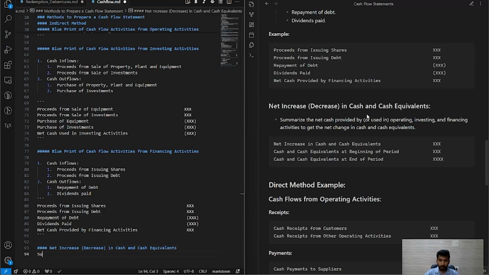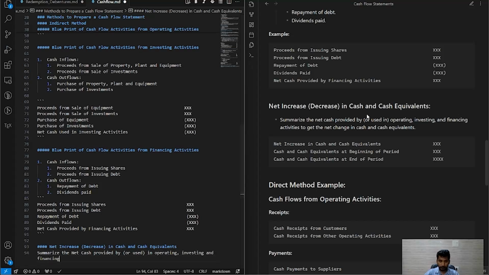So for that, we will summarize the net cash provided by or used in operating, investing, and financing activities to get the net change in cash and cash equivalents.